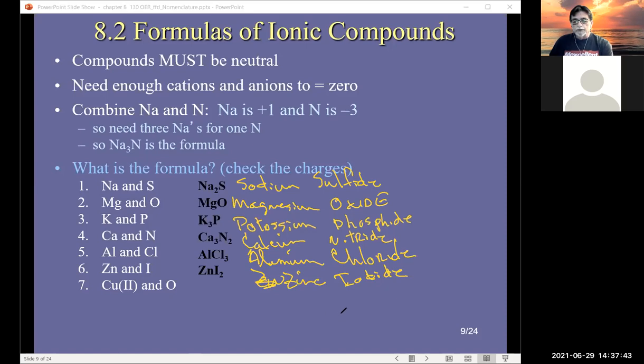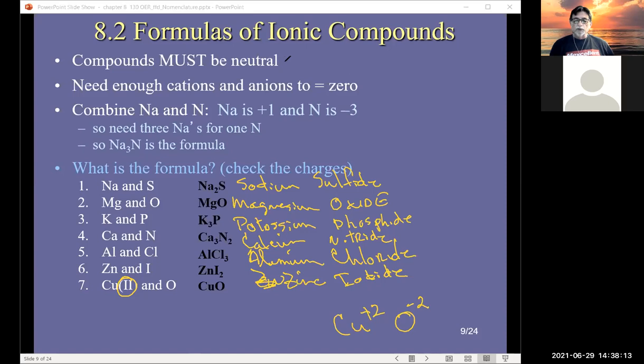So you are dealing here with copper +2 because of the Roman numeral. And we know that oxygen is a -2 because it's in group 6, right? And it becomes oxide. So fortunately here, it's a simple 1-to-1. You've got a +2 and a -2. I can simply put them together as a 1-to-1 ratio, and that is our formula.